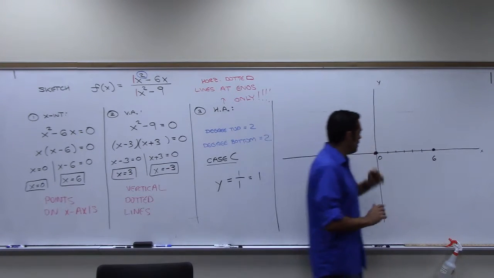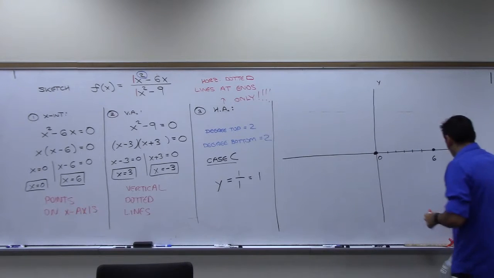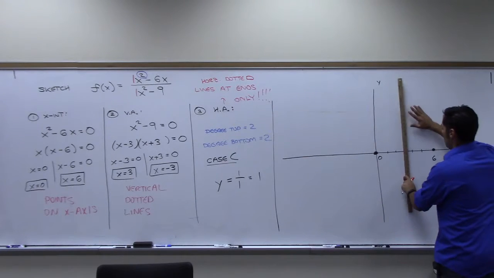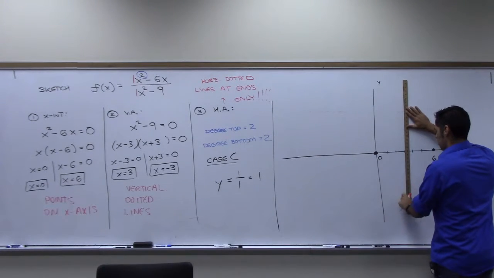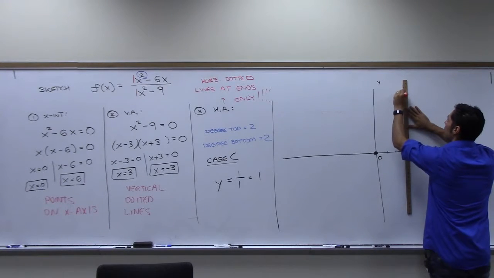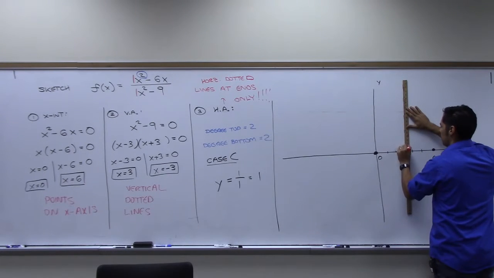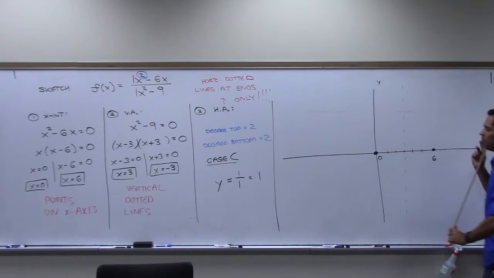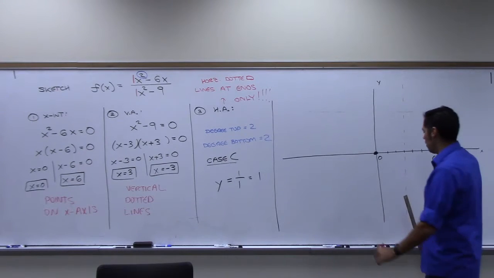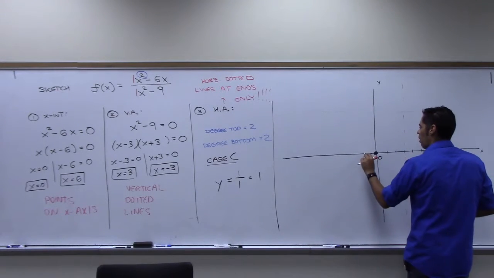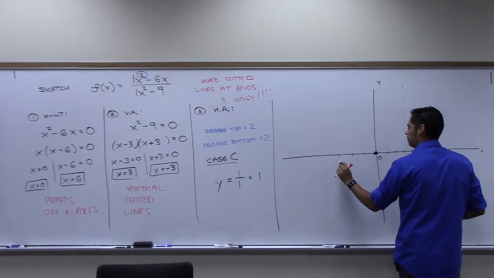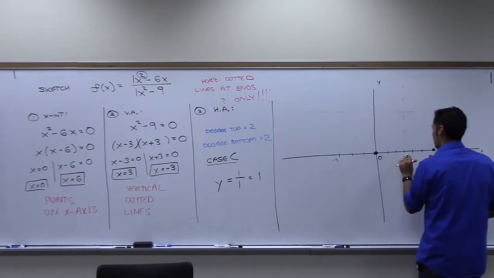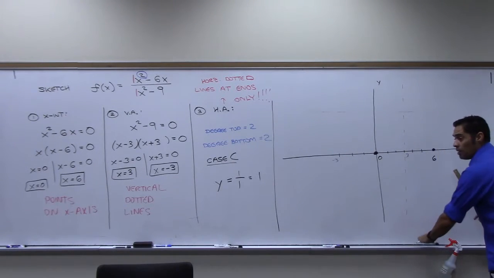Make sure these are only vertical dotted lines. And you can use a ruler or whatever, just sketch them. And there's 3, right? And I come out here, dotted line, like this. I'm using red just to stress that that's not part of my graph. It's just a barrier. Brick wall. -3 is over here. Here's 3. I draw another one of these.